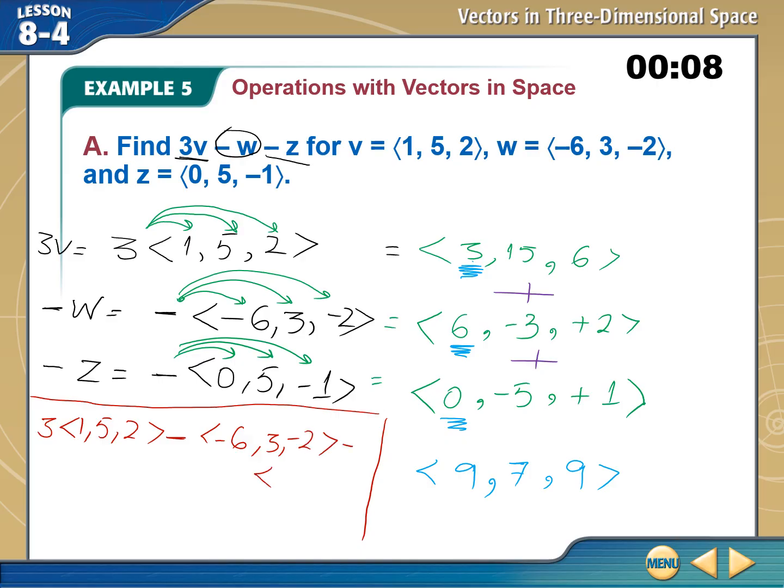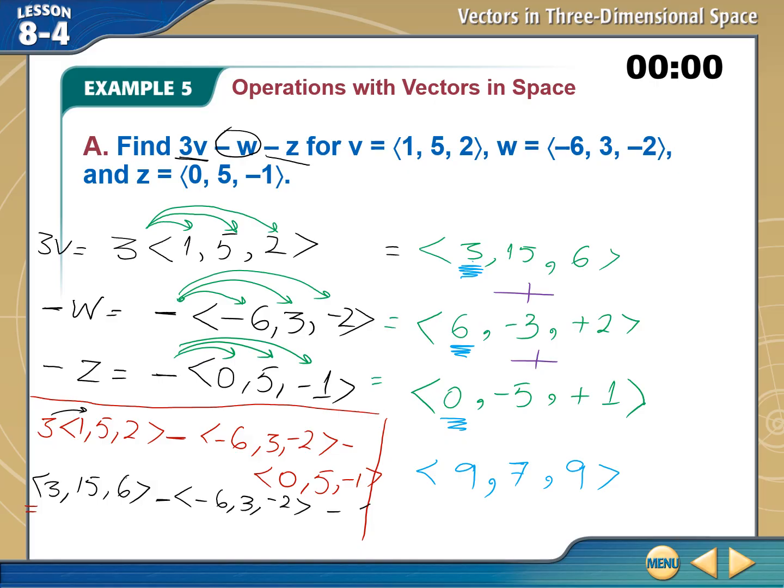Minus, and z is 0, 5 and negative 1. Multiply the whole vector v with 3. So 3 times 1 is 3, 3 times 5 is 15, and 3 times 2 is 6. Then minus, and keep the other vectors as they are.